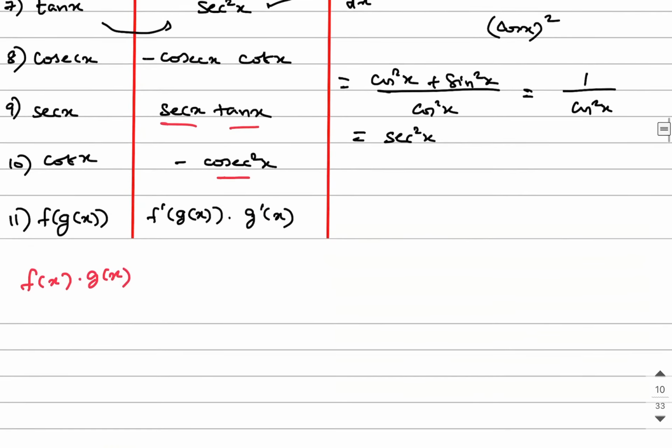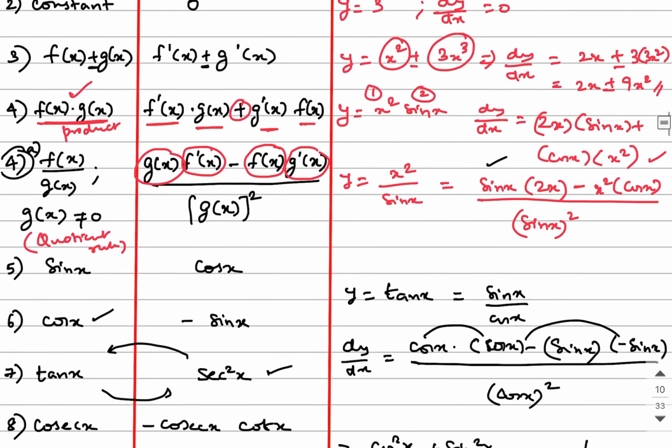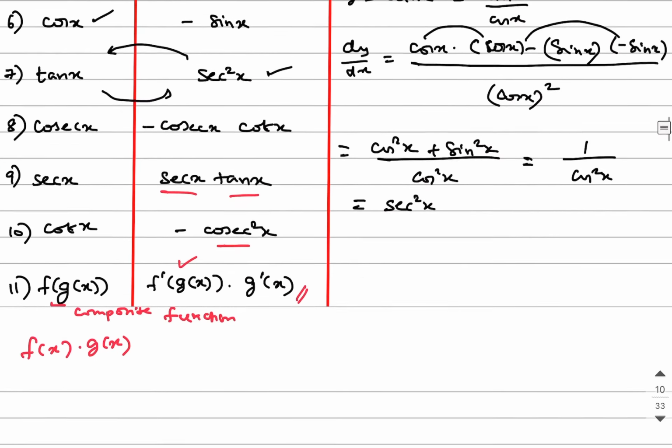So if you observe, f of g of x and f of x into g of x seem to be similar, but they are not. f of x into g of x is a product rule formula, whereas f of g of x is for a composite function. So when you have a composite function, you differentiate f with respect to g and then you differentiate g. This we have already seen in the previous case. So these are all the formulae that are required for you to solve the problems in exercise 5.2.